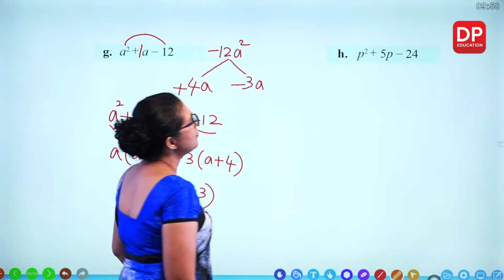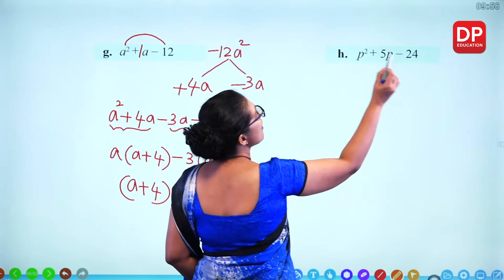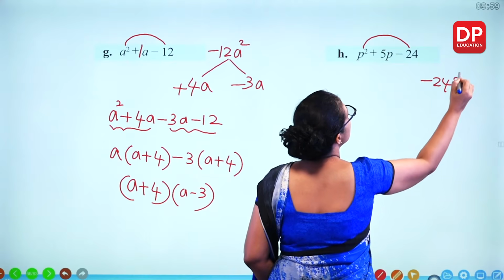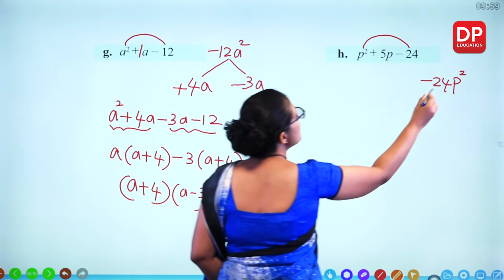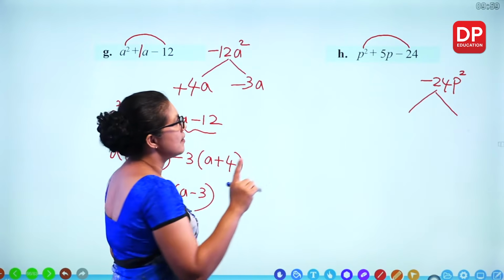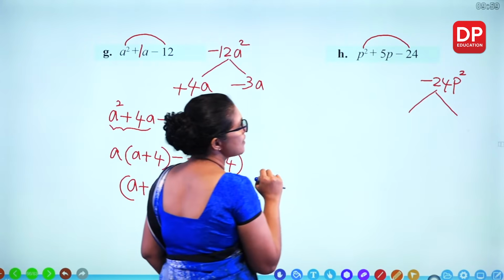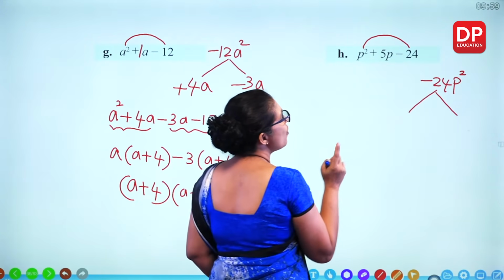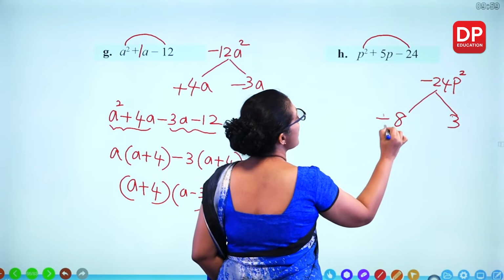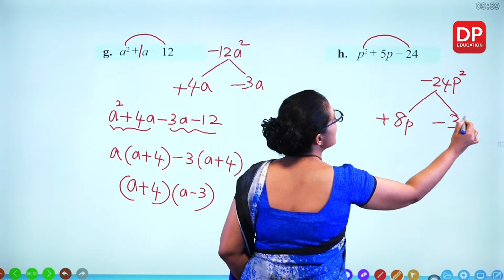Now the next one, minus 24p squared when you multiply. Last term negative means the larger factor is positive because the middle term is positive. 24, 8 times 3. So this is plus and this is minus.